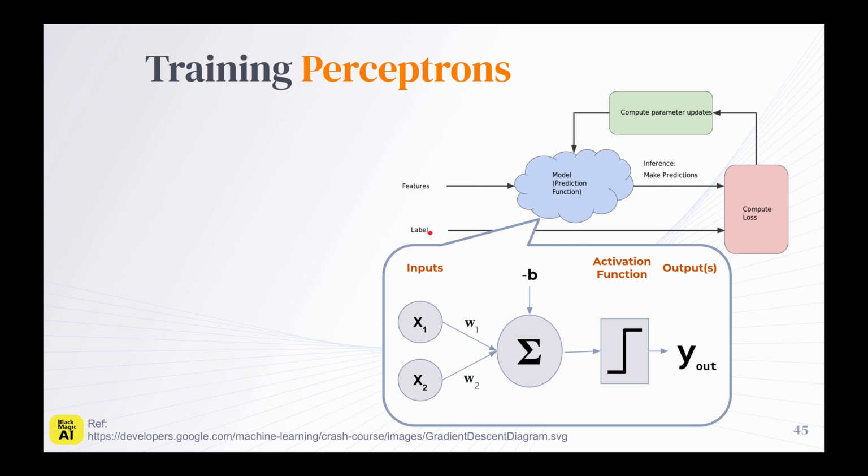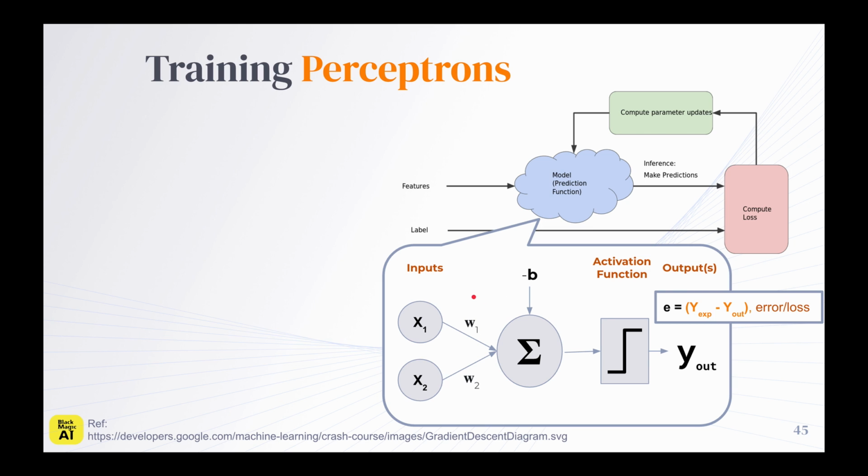And then we have our label, which is what our expected output should be, which we have because we're using a supervised learning approach. So the difference between our initial output, based on our initial guess of weight and bias values, y out, and the expected output is called the error or loss, also called a cost.